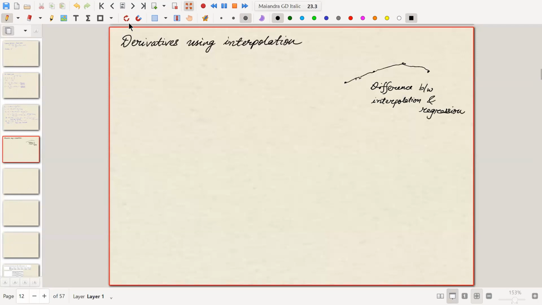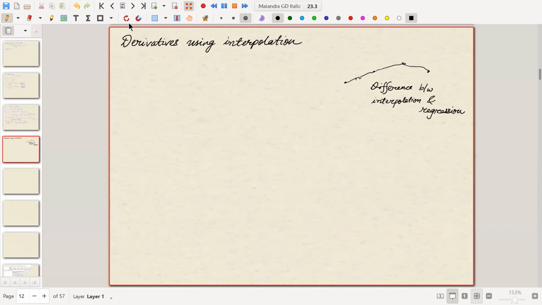You know about regression, and you know about interpolation from last semester. Interpolation is a very basic concept which will be carried forward, so I urge those who are taking this course for the first time to brush up on interpolation. Just go through some books. That will be the very basics of this course.